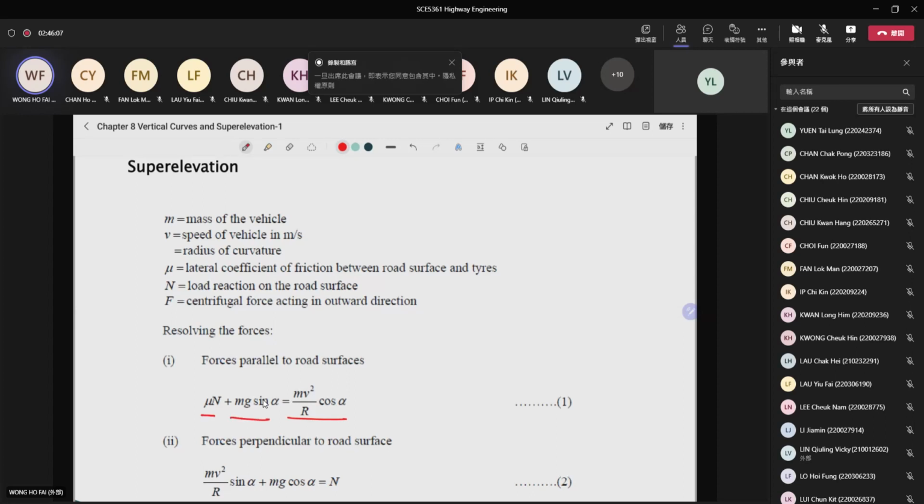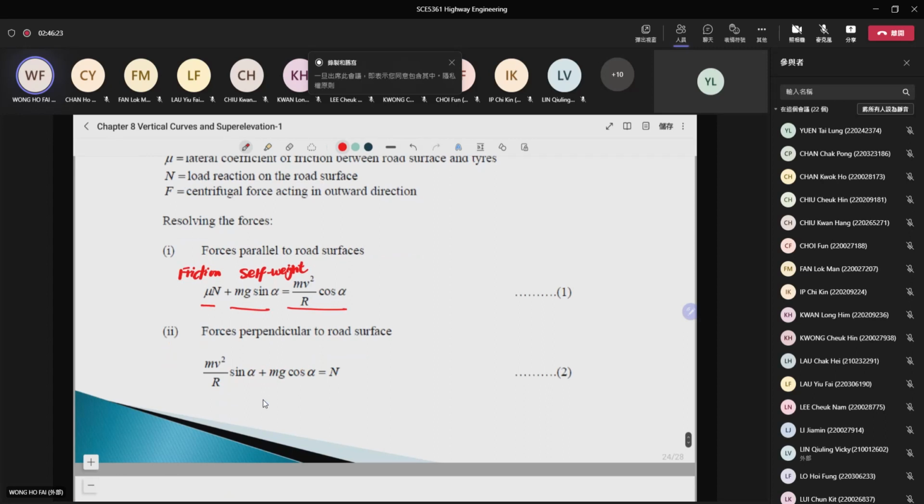This is from the self weight, and the mu n is actually from the friction. It actually works against the so-called centrifugal force, which tries to pull the vehicle from the lane. And then this one is actually the force parallel to the road surface.